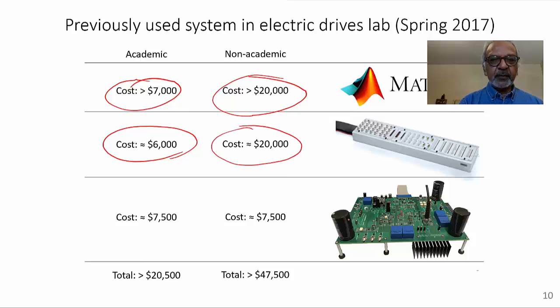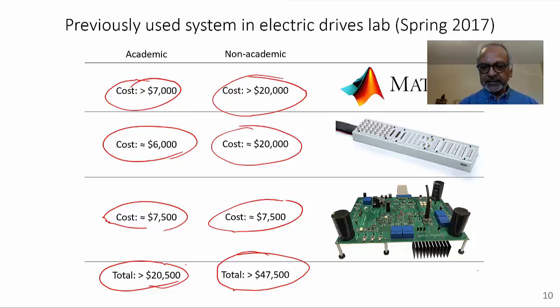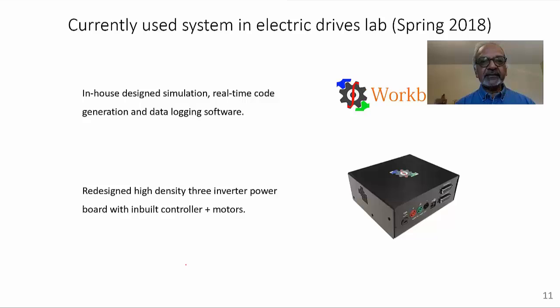And then the inverter board is the same. So you see here that the total was more than 20,000 for academic purposes and more than 47,000 for non-academic purposes.